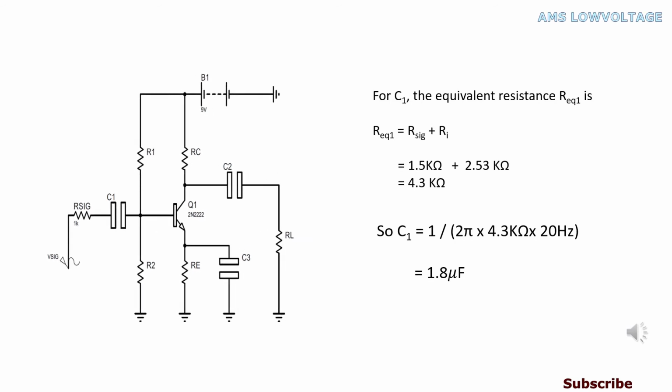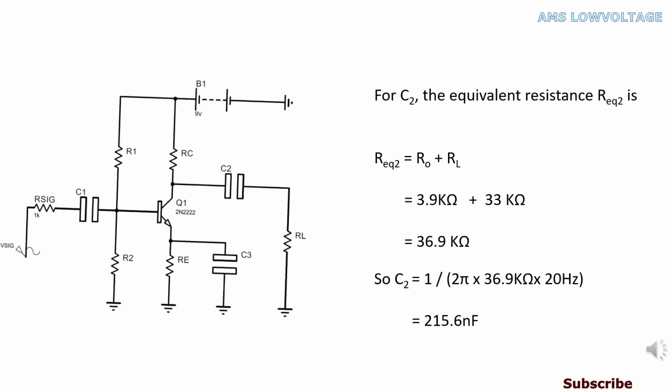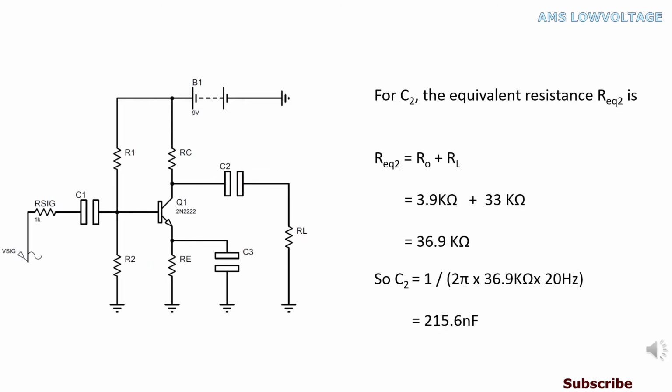For the capacitor C1, the equivalent resistance Req1 equals Rsig plus Ri, which is 4.3 kilo ohms, and C1 is equal to 1.8 microfarad. For the capacitor C2, the equivalent resistance Req2 equals Ro plus RL, which is 36.9 kilo ohms, and C2 is equal to 215.6 nanofarad.